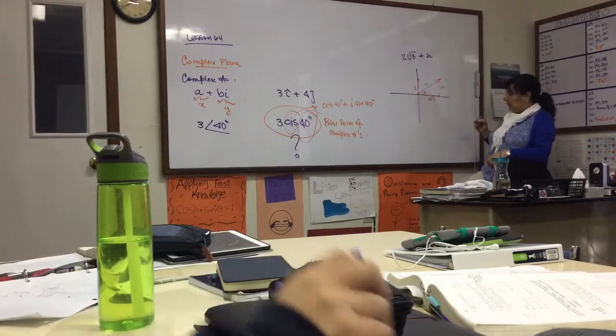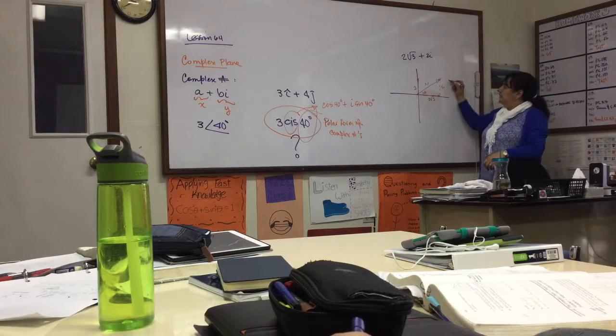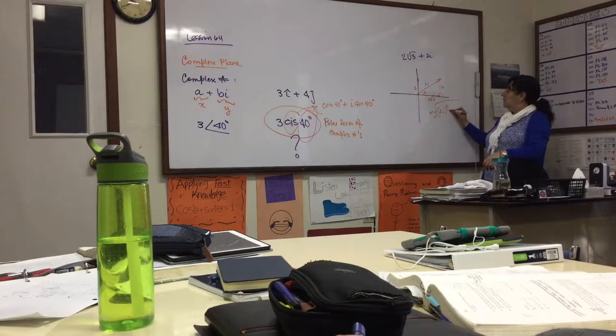M squared would equal 2 square root of 3 squared plus 2 squared.